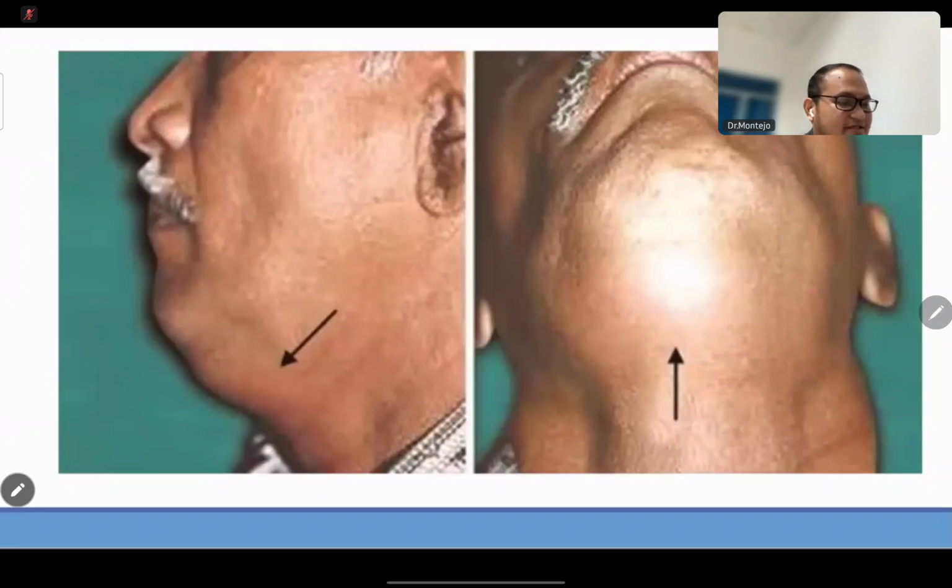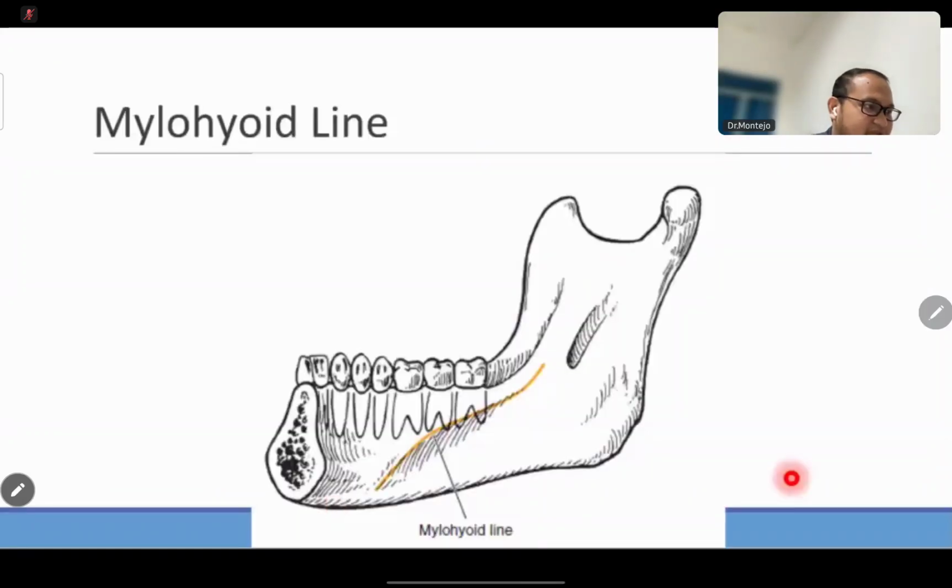Next, let's go to the other spaces in the mandible. So before that, this is a good illustration from Cummings. So this line is your mylohyoid line. Okay? So this is the attachment of your mylohyoid muscle.